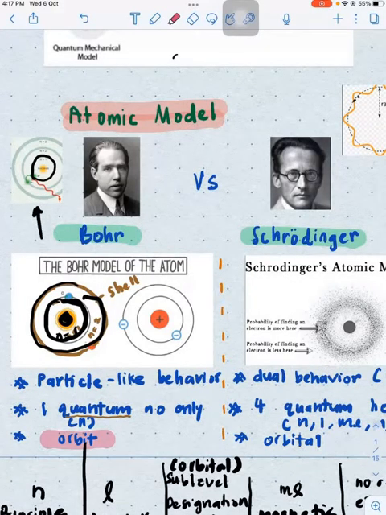So maybe we can imagine we are at hotel contohnya. So hotel ni pun dia ada level 1, level 2, level 3, level 4 kan. So the closest one to the ground floor adalah the one that closest to the nucleus. Jadi maknanya kalau menggunakan Bohr model ni kita boleh tahu elektron kita ni duduk di level mana je. Level 1, level 2, level 3. So ada limitation kat situ.